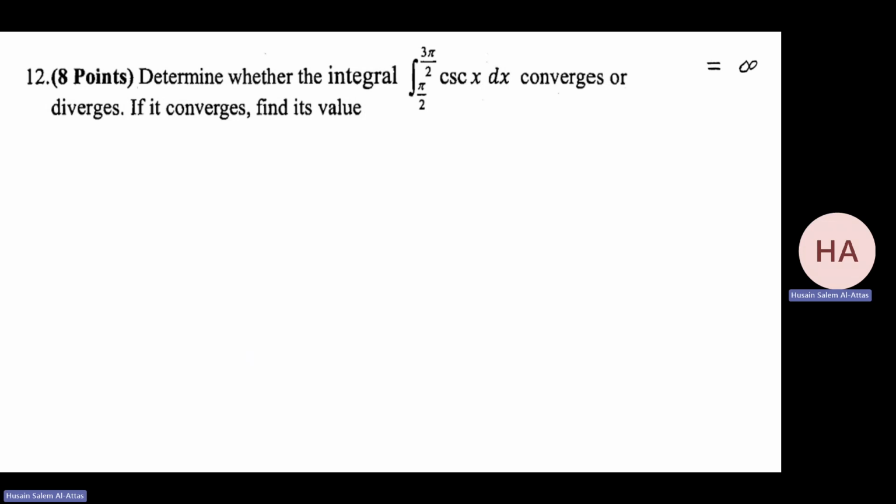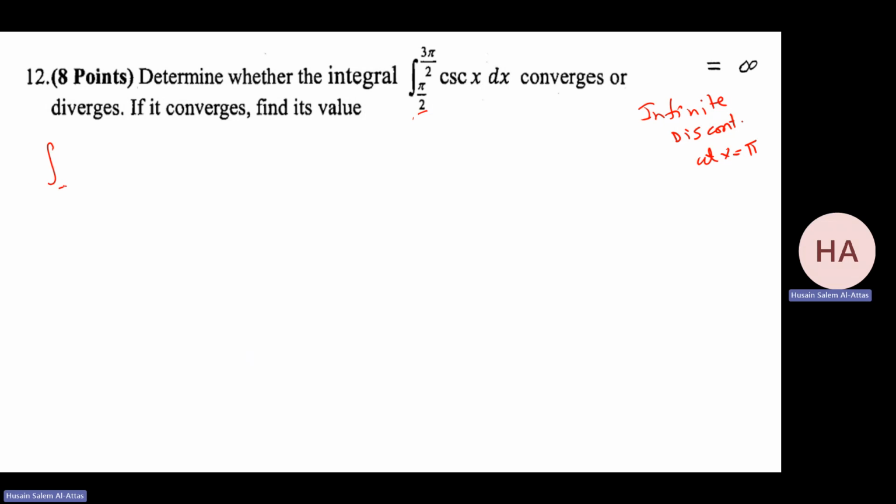Where is my problem? My problem is at pi. Cosecant is 1 over sine, so I have only a problem at pi. Infinite discontinuity at x equal pi.